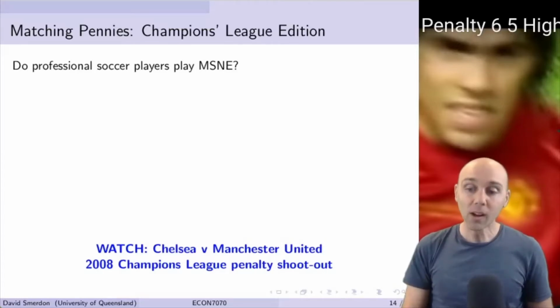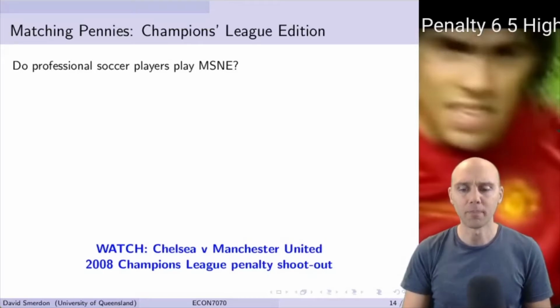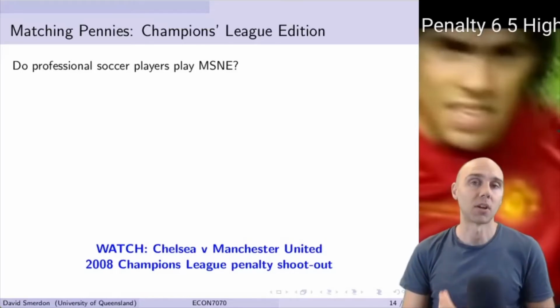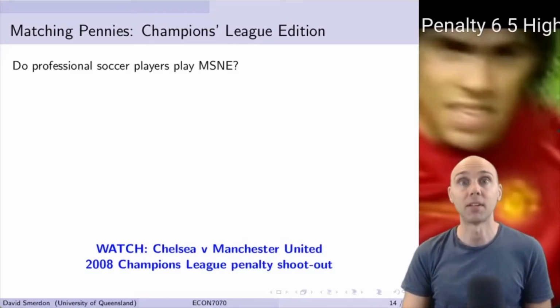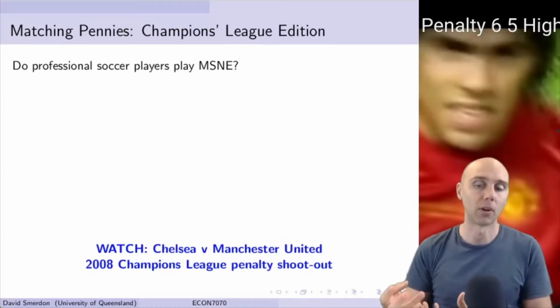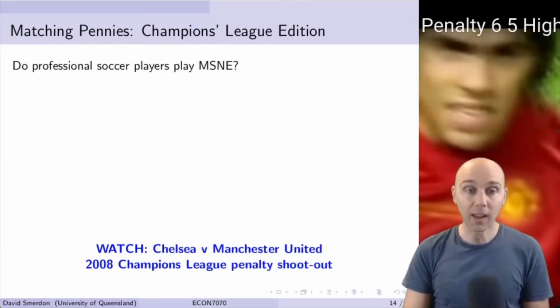So they were playing in the final, which was held, I believe, in Moscow. And there was the chance that if the match was tied and extra time was tied, they would go to a penalty shootout. A penalty shootout, again, you've got the kicker, you've got the goalkeeper, and they wanted to see whether there was a way that they could maximize their chances of winning if it got to that point.